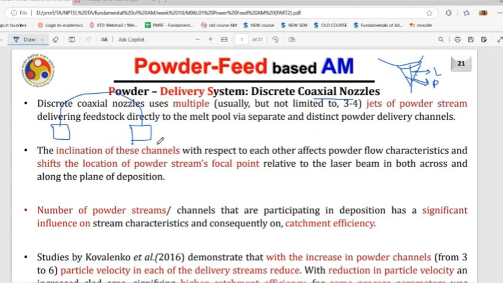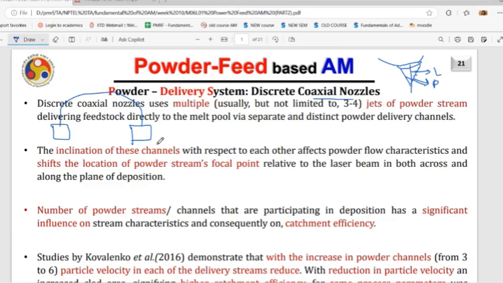Now, what if the size is lower than this? Can we use powder lesser than 45 micrometer? The answer is yes, but the same system cannot be used.